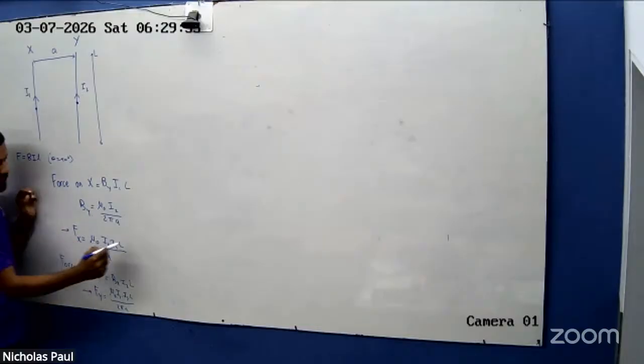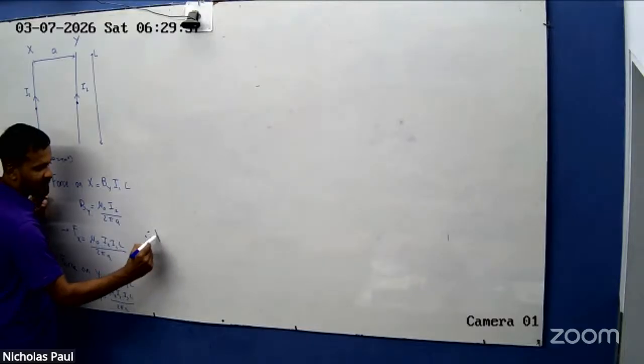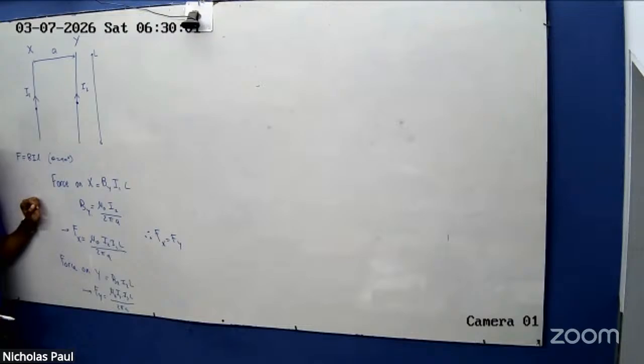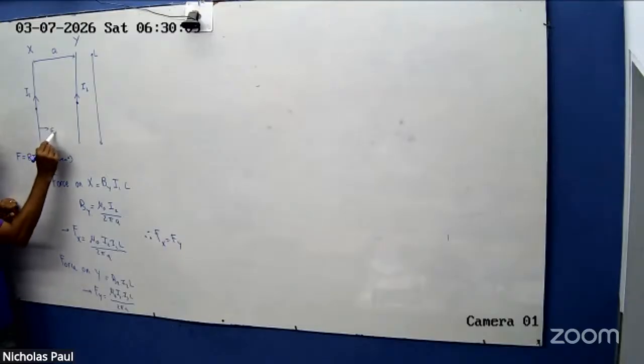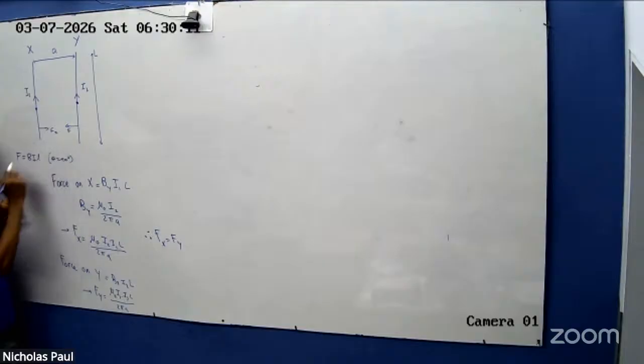Identical. That's similar. So it means that Fx is equal to Fy. So when current is in the same direction, the forces are what? Attractive. They're equal.